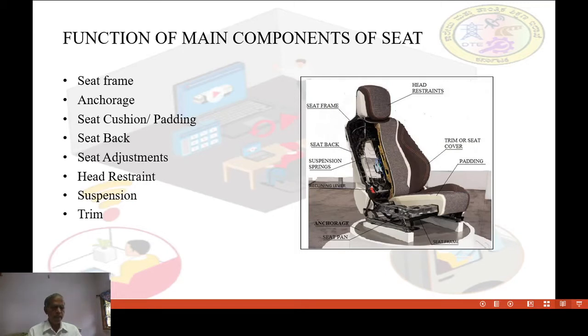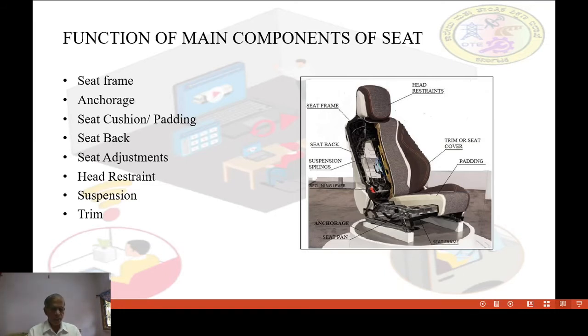Head restraint. It is mounted over the seat back at top. Its main function is to support head, also restrict the backward displacement of head and protect the driver.